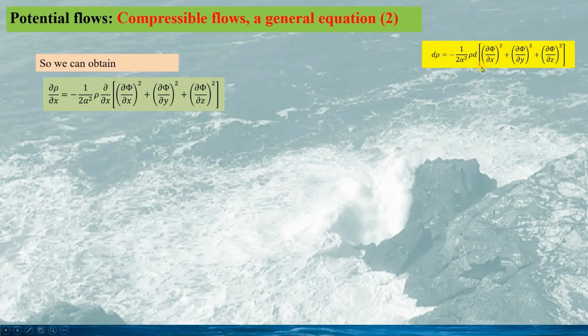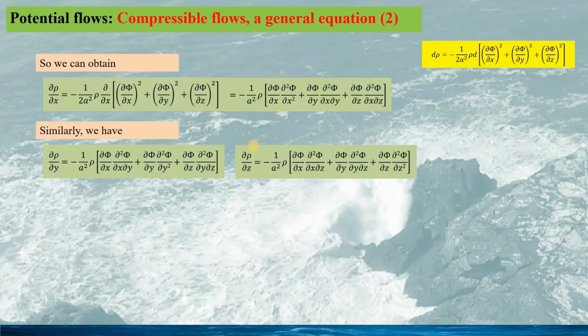Based on the relation we obtained in the previous slide, we can calculate the density differentiation with regard to x given as this, and we can obtain the expression as this. Similarly, we can calculate the differentiations of the density rho with regard to y and z. All these calculations are very similar.